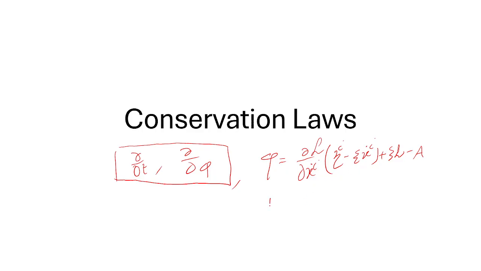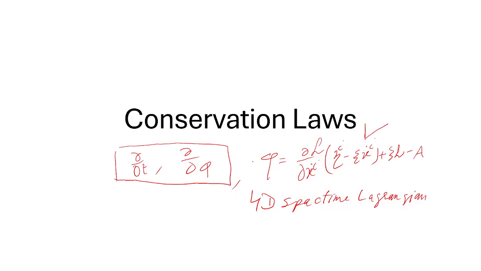So this is for the 4D space-time Lagrangian. We will use this formula to find the conservation law. Okay, η and ξ can be read from the generators, the Lagrangian will be given, and A is the gauge function.